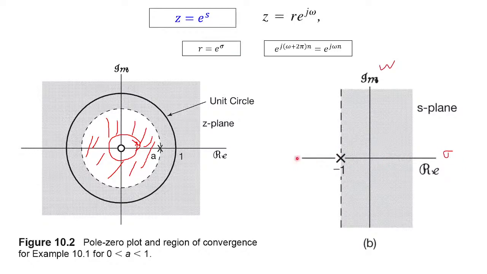So the coordinate sigma becomes the radius R. Negative infinity sigma will become the origin, and if sigma gets larger, then you are looking at the outer circle, larger radius. And as we said, if you go in the omega direction, then you're just walking in a circle, the angle here.